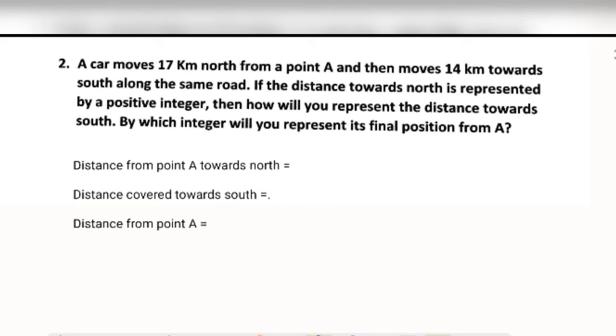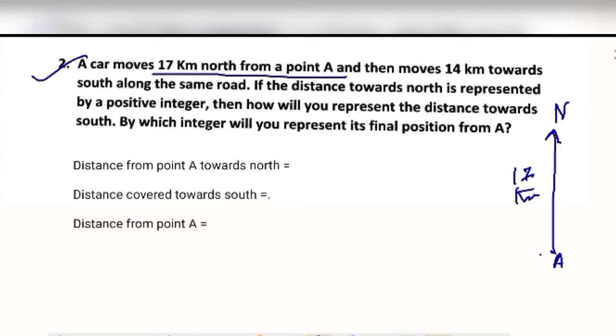Next question, question number 2. A car moves 17 kilometers north from a point A. Suppose this is a car and this is the point A. From point A this car moves 17 kilometers. In which direction?